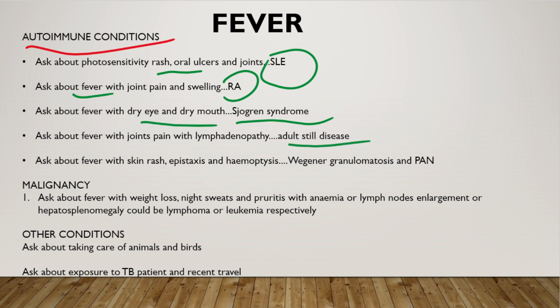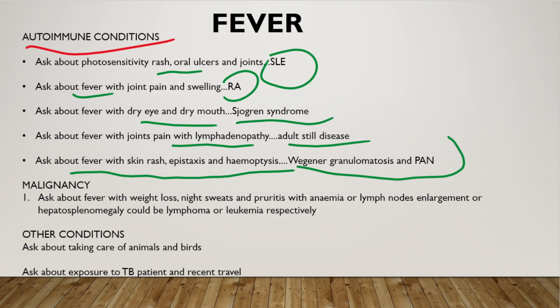For Still's disease, we'll ask about fever with joint pain and any lymph node enlargement in the neck, or liver and spleen enlargement. For vasculitic lesions like Wegener granulomatosis and polyarteritis nodosa, we'll ask about any skin rash, epistaxis, hemoptysis.